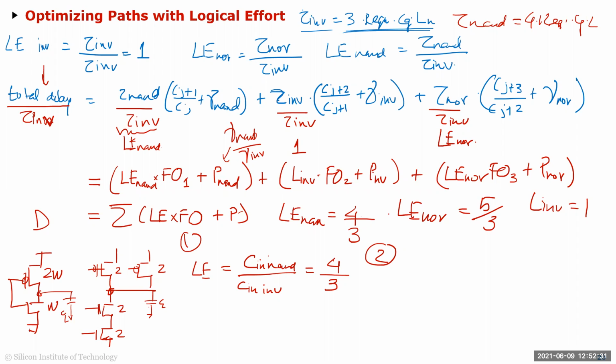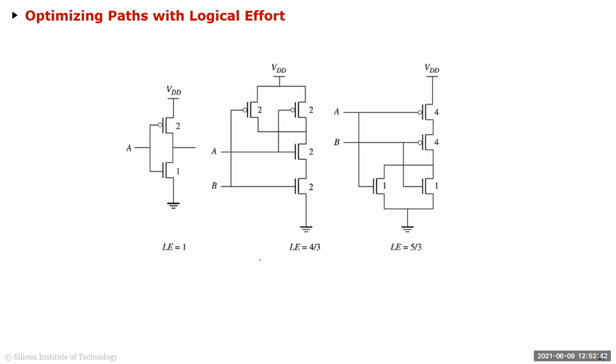Let me take quickly the same example and go through it. This is just what I explained right now. To keep the delay the same, this is how I size a NAND gate and this is how I size a NOR gate. The logical effort of the inverter is obviously 1.